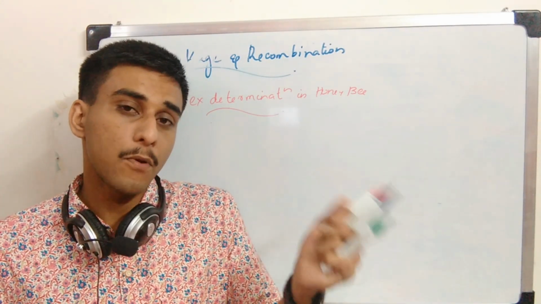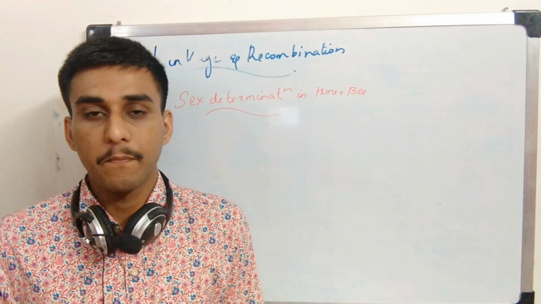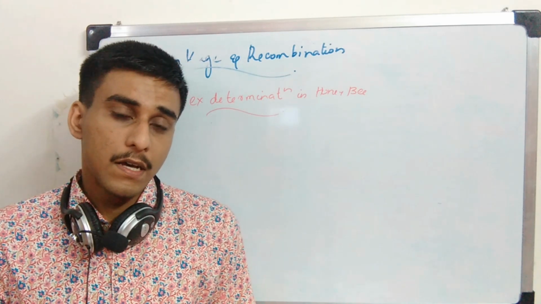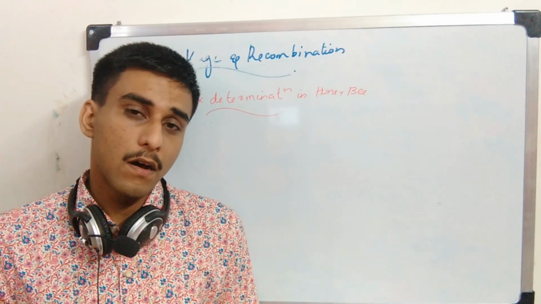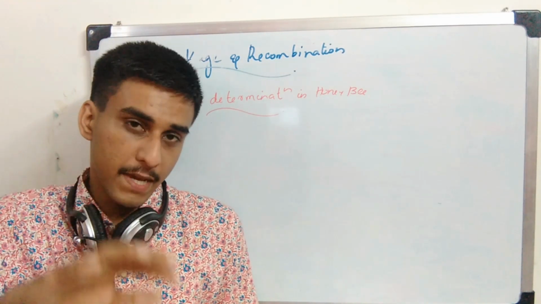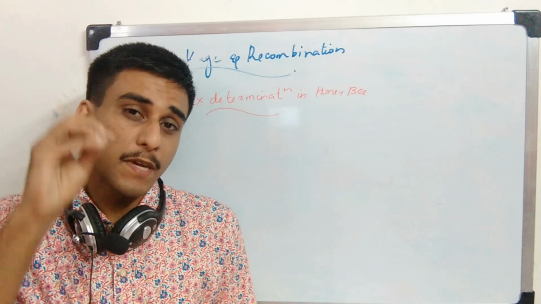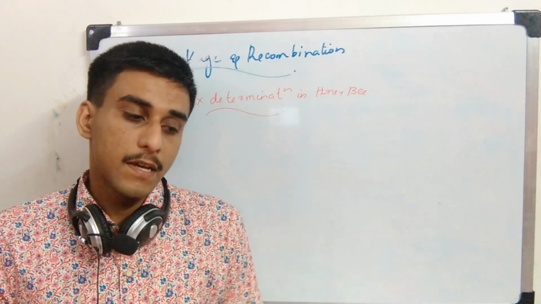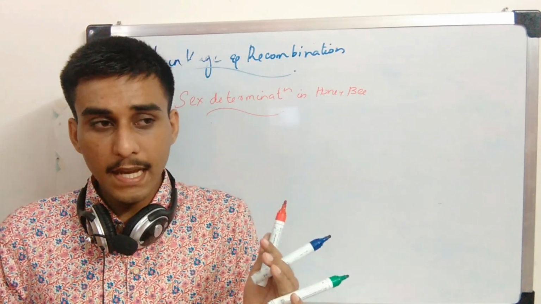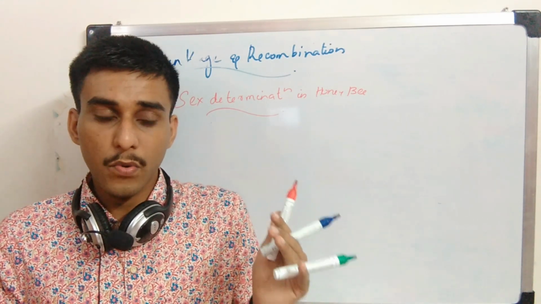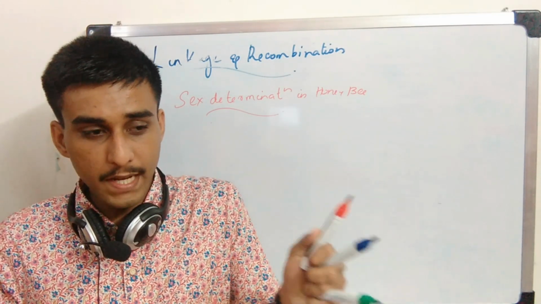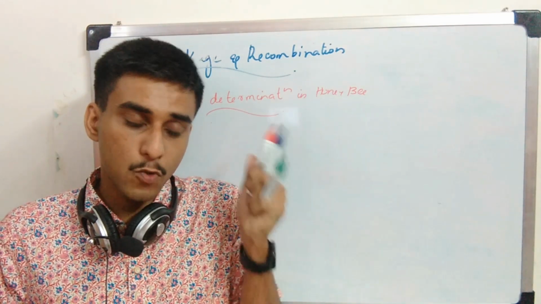In honeybees, whether the offspring is male or female is determined by the female parent, the queen. The queen is the determining factor to decide whether the next generation should be male or female.